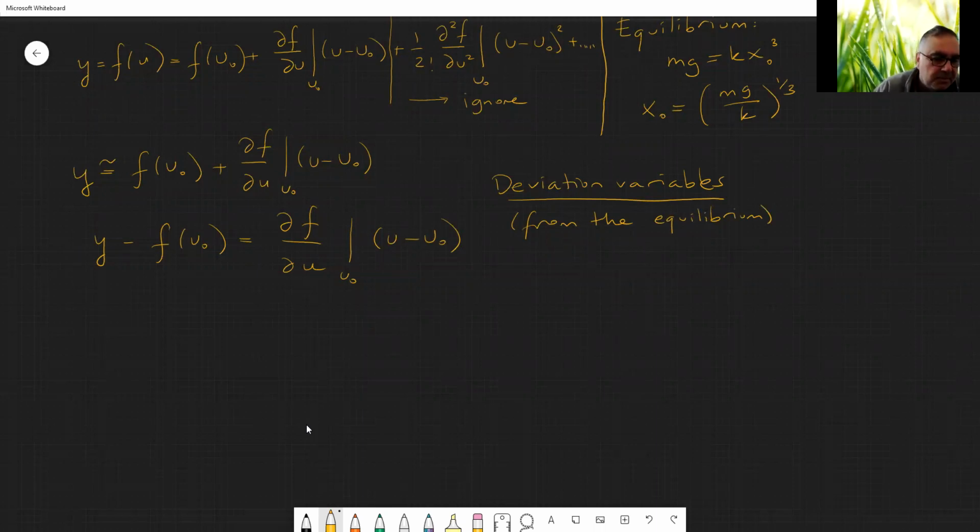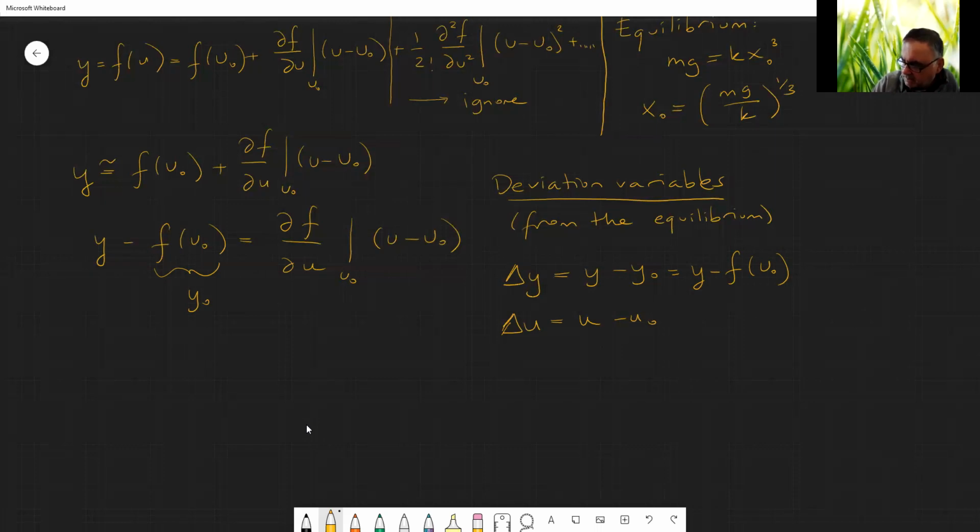For example, delta y, I define it to be y minus y0, and delta u will be u minus u0. Or you can say that y is equal to y0 plus delta y, and so on. So these are small changes around the equilibrium. But y minus y0 is y minus f of u0, right? This is y0 actually. And this is u minus u0.